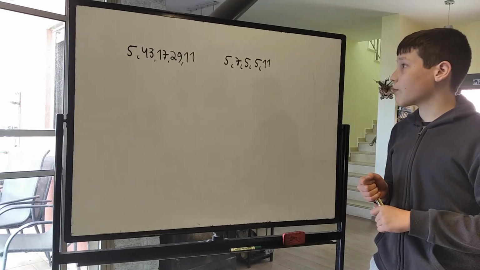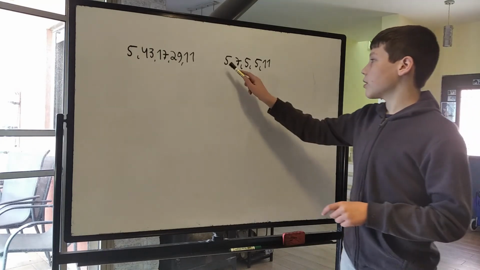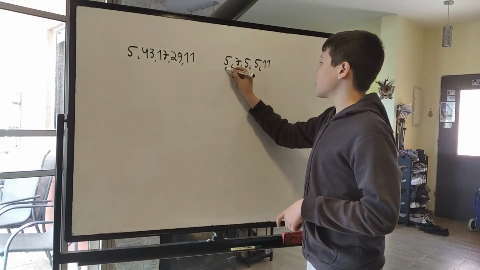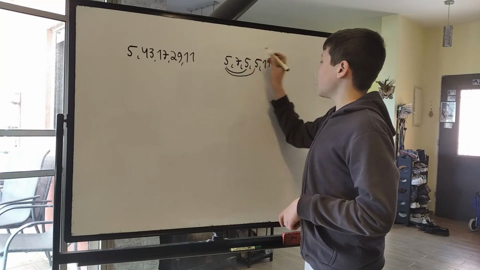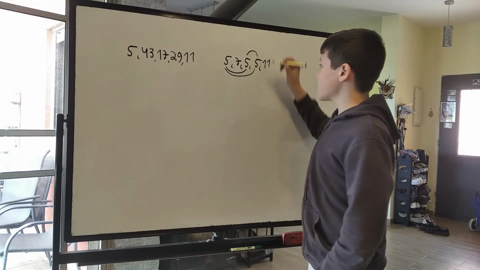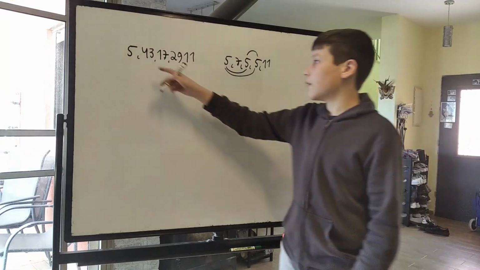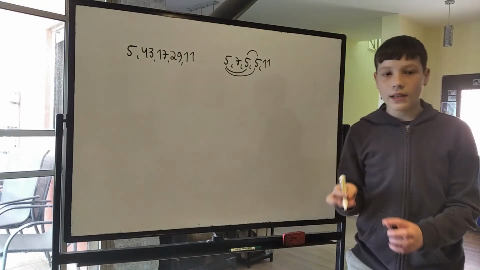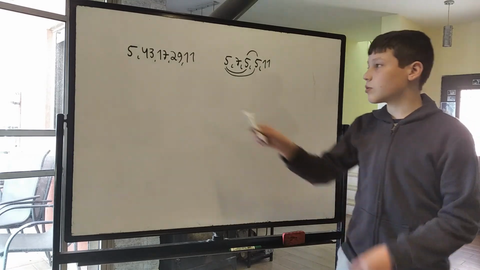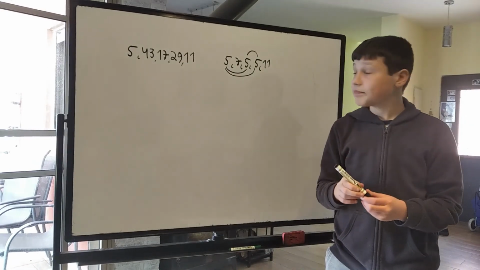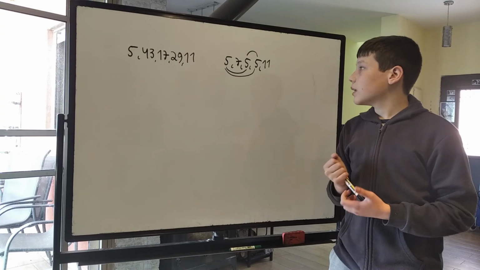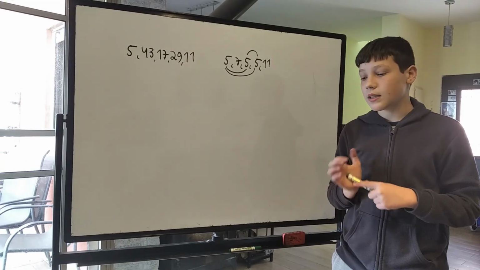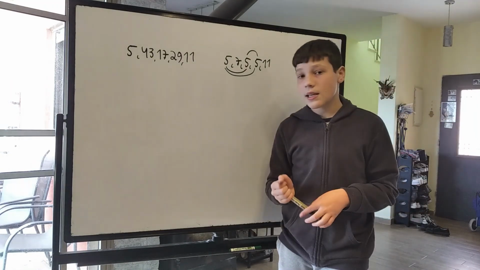So in this case we have 3 pairs, which correspond to 5 and 17, 5 and 29, and 17 and 29. So that's pretty much the whole idea of this proof.